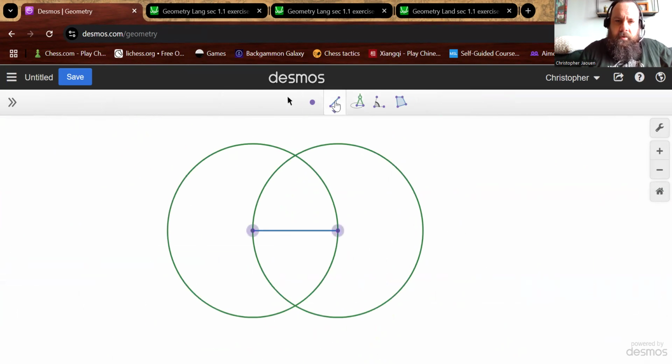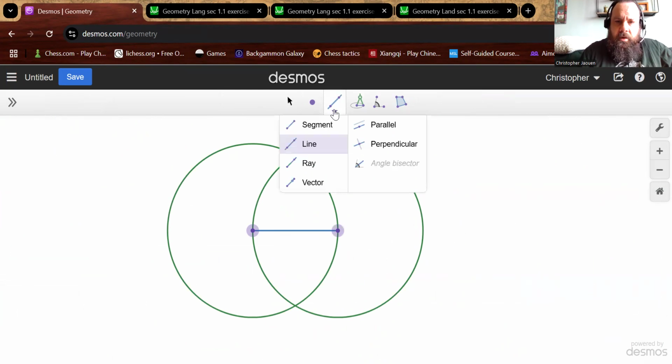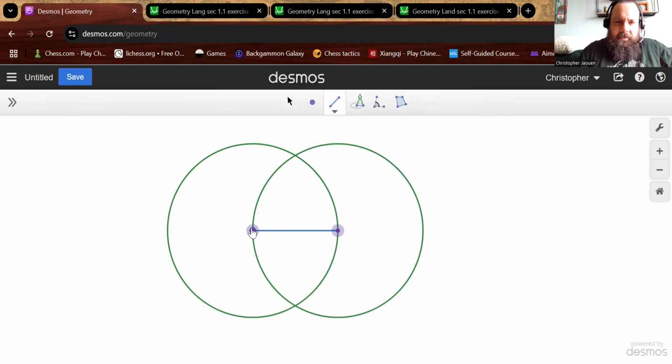And then I will connect, sorry, I don't want line, I want line segment. Hopefully I'll get better at using this as we go along. Like I said, I just discovered this tool. So, all right, and there we have our equilateral triangle. So that's the answer for question three.